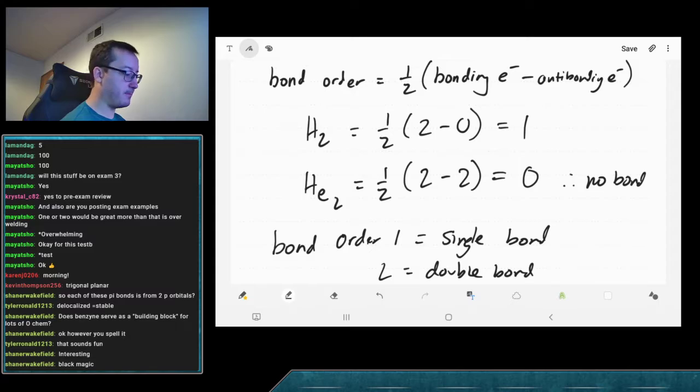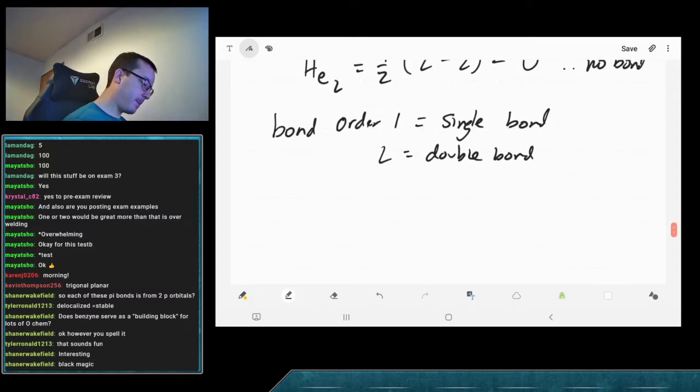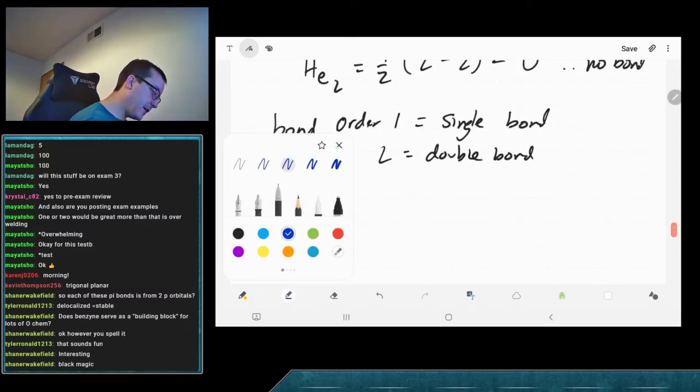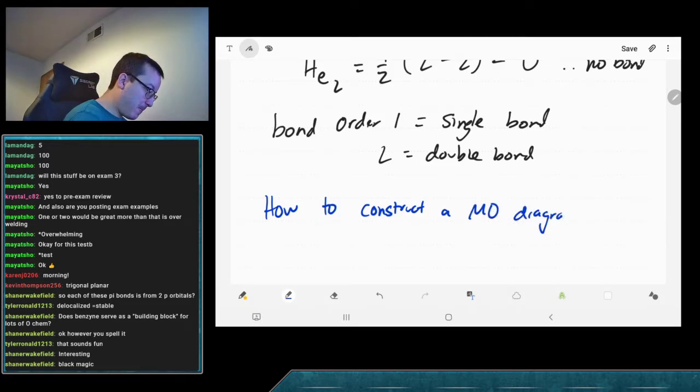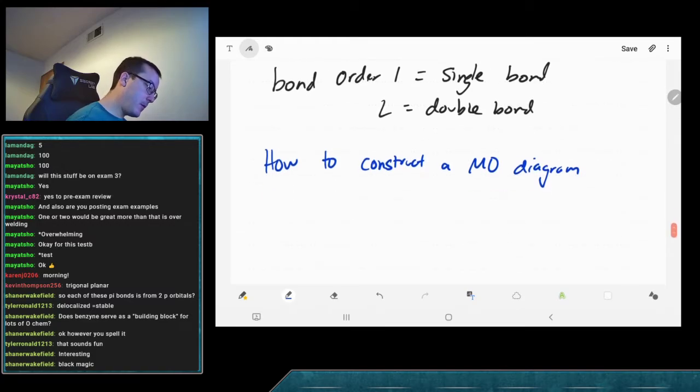Let's look at some more. Let me talk about how to construct these MO, molecular orbital diagrams. The number of molecular orbitals is the sum of the atomic orbitals.